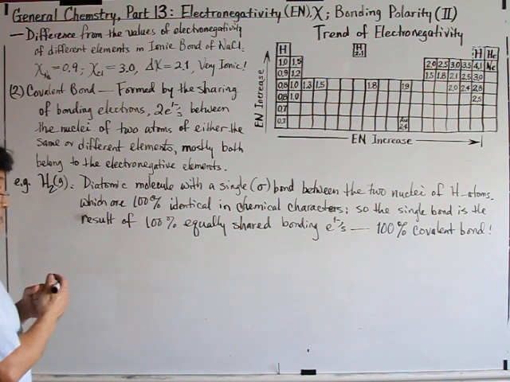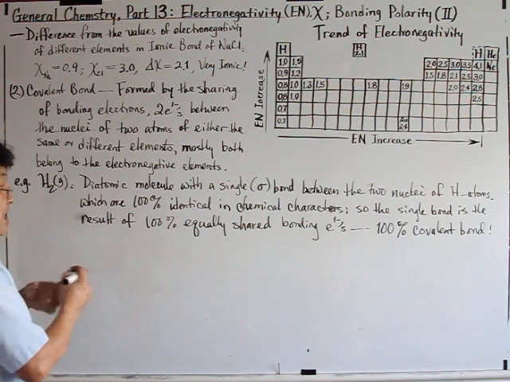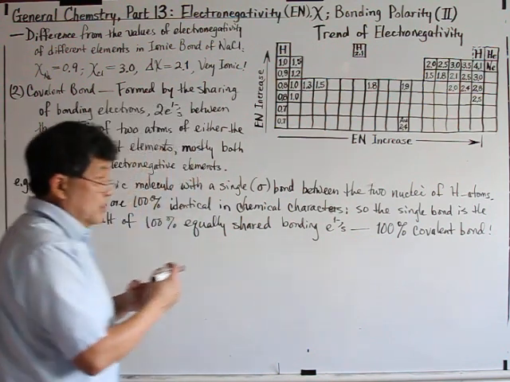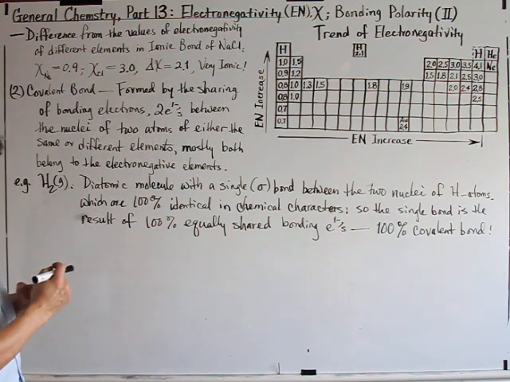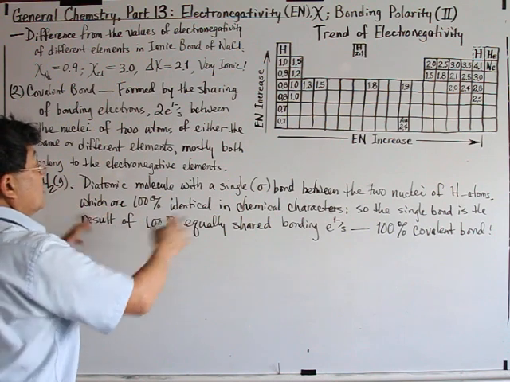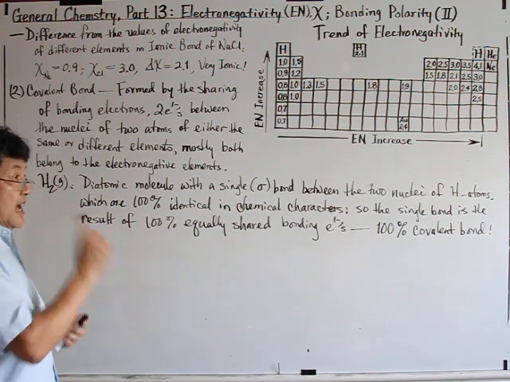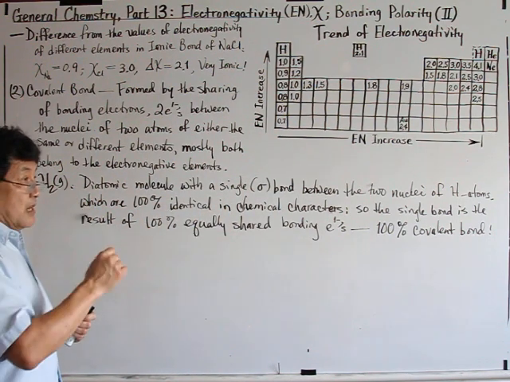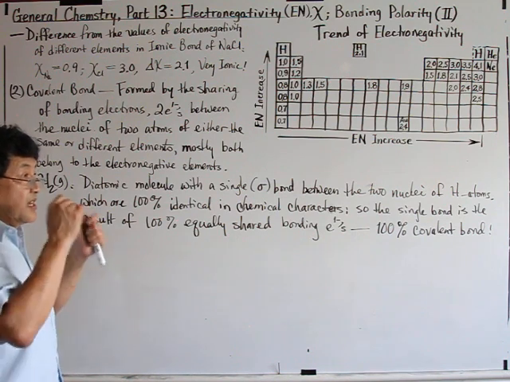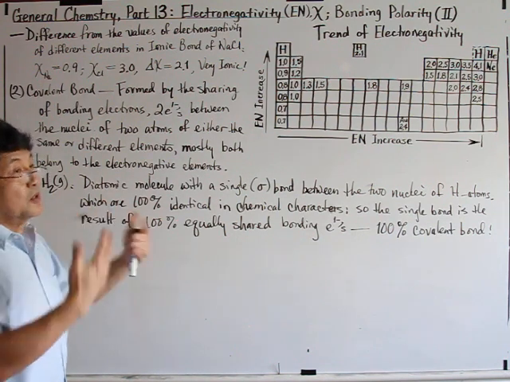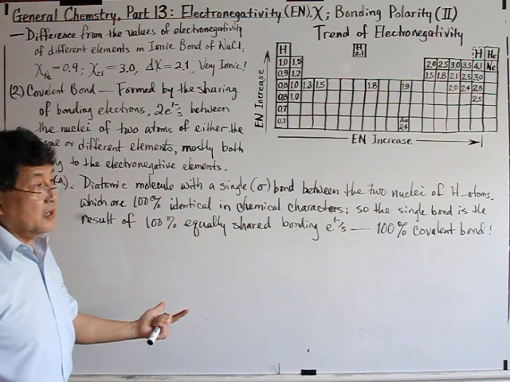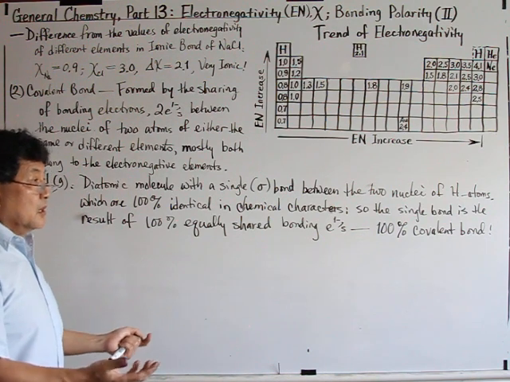So what happens is when they get close enough to form bonding, for a single bond, that's a covalent bond because the electron is 100% shared at equal distance, since hydrogen atom number 1 is exactly the same as hydrogen atom number 2. They are the same element, identical atoms.